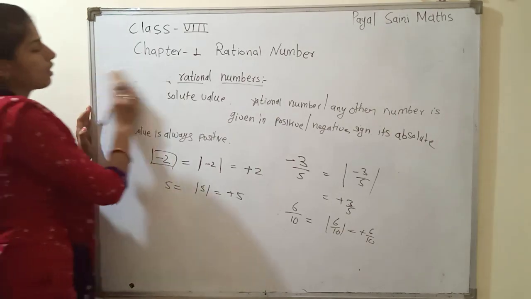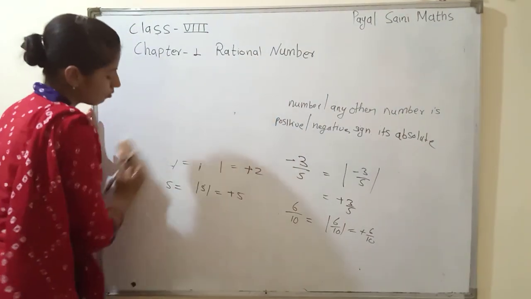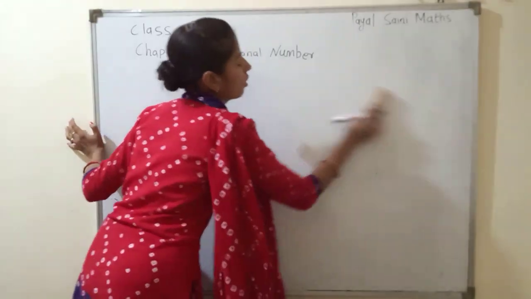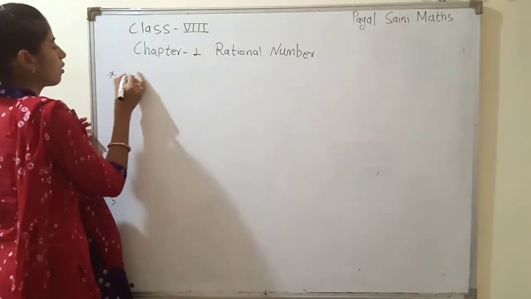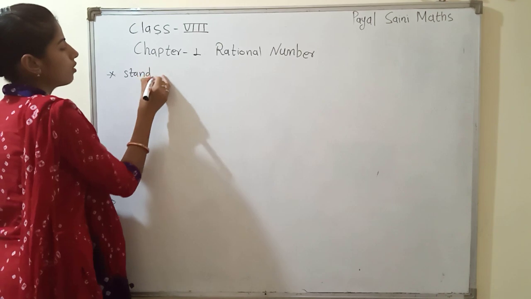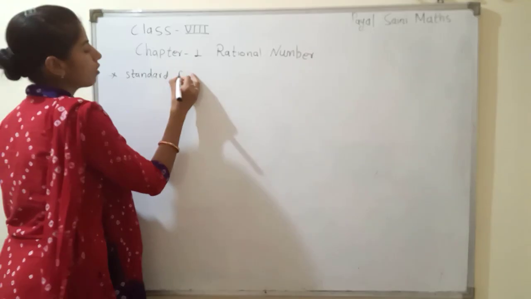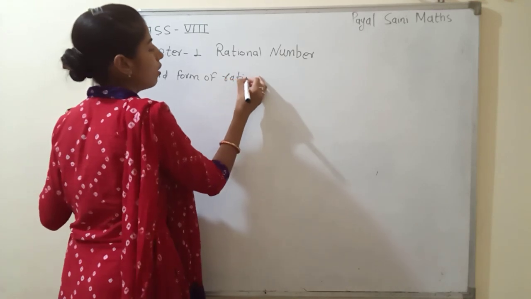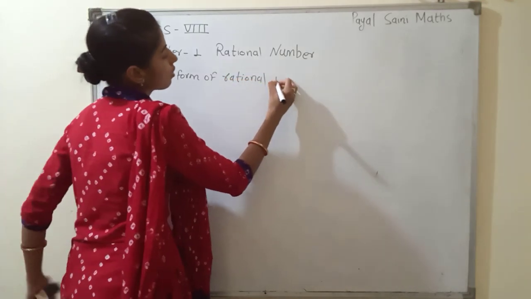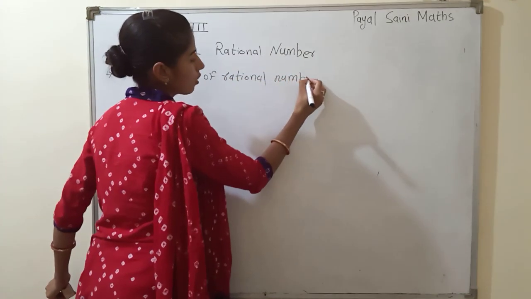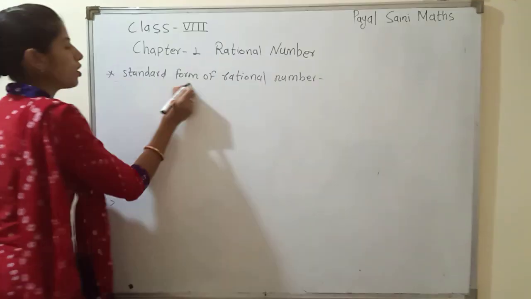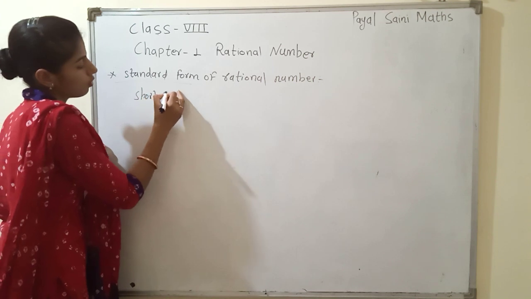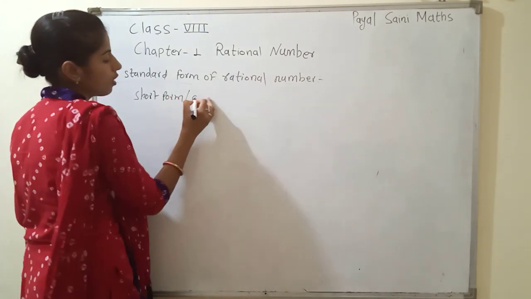The next point is the standard form of rational numbers. Standard form is also called short form or general form.